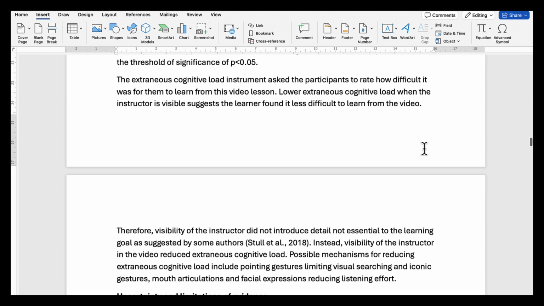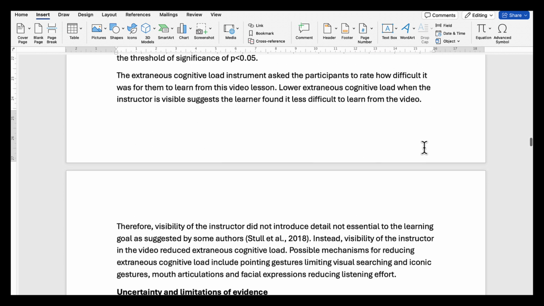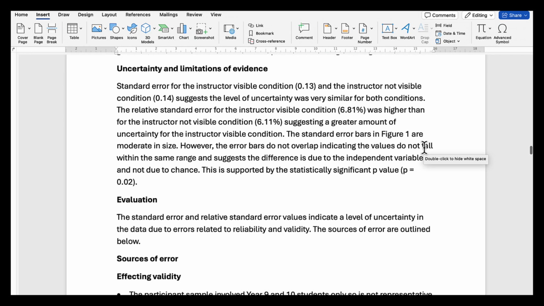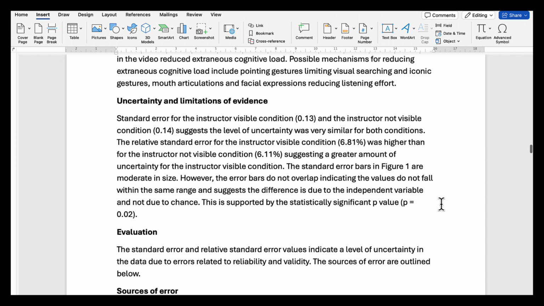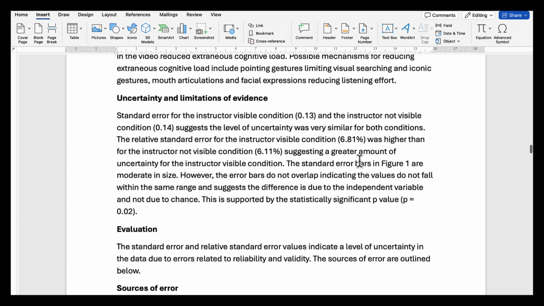So we can make this sort of statement here. If you said that the error bars were large and overlapping, you would say that there's a high likelihood that the difference is actually due to random chance and not due to the independent variable.